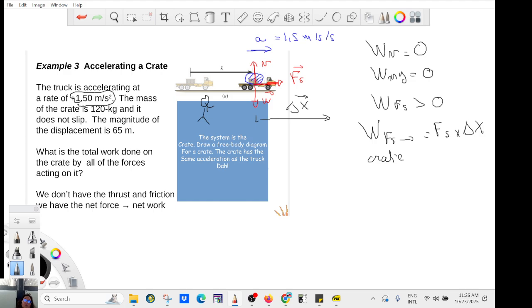Very good. So if I look at just the crate, I'm going to apply Newton's second law to the crate. So I'm going to say the static friction, or the force, or the thrust, or the driver, equals the mass times acceleration.